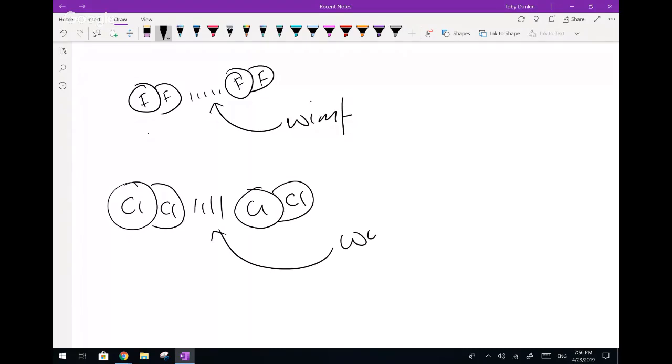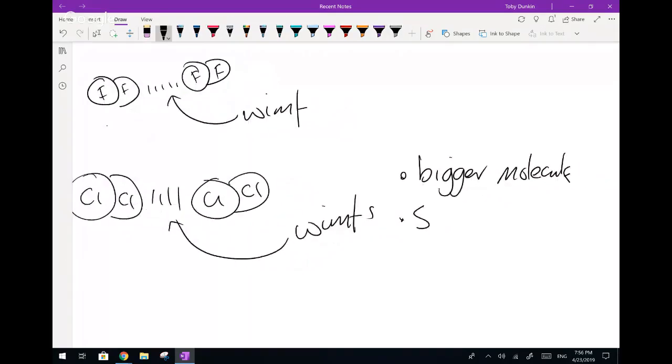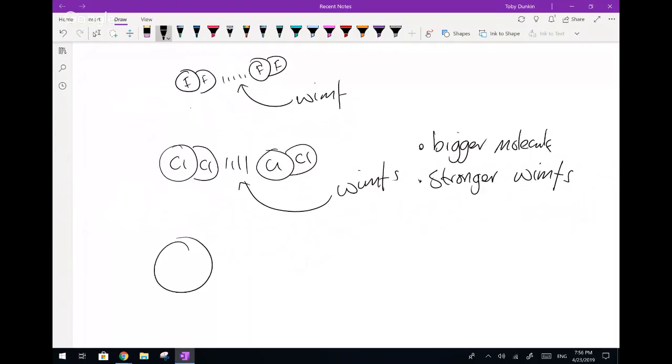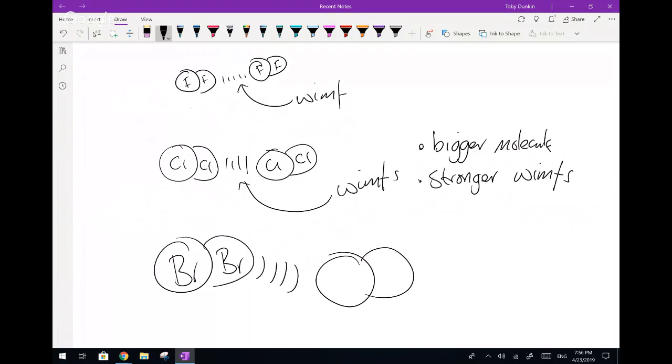So we have WIMPs here, but now a bigger molecule means stronger WIMPs. Stronger weak intermolecular forces. Let's look at bromine. Bromine is massive. That's now become a liquid at room temperature. This is covalent bonding and weak intermolecular forces.